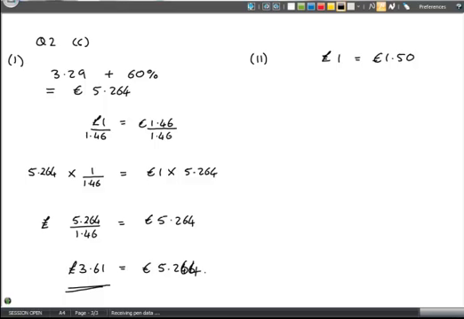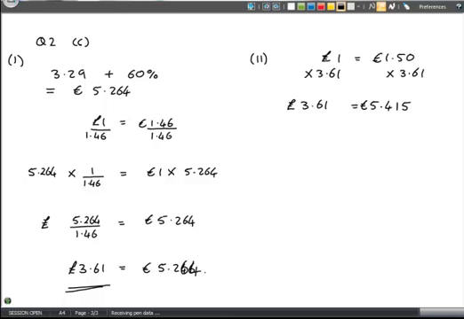So if I want to make £1 into 3.61, I multiply by 3.61. What I do to one side, I must do to the other, which tells me £3.61, the selling price that's not changing, is now equal to 5.415 euros.